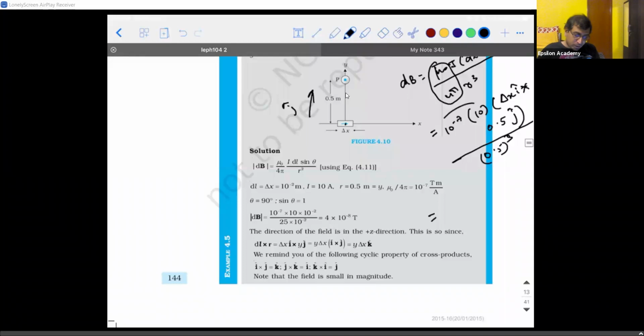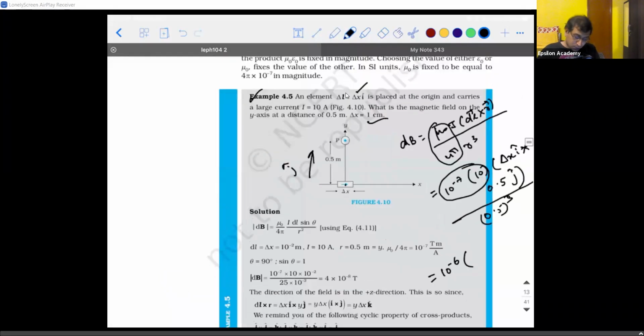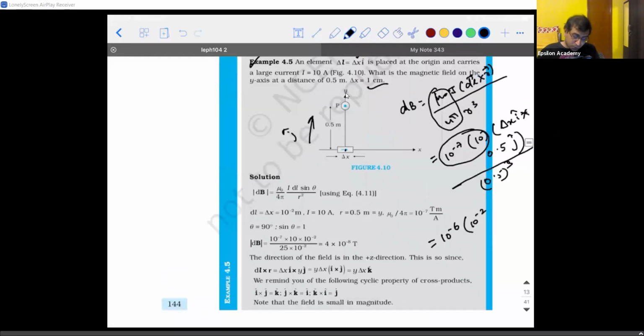Okay. So 10 into 10 power minus 7 will be 10 power minus 6. Delta X is how much? 1 centimeter. So that is 10 power minus 2 meter into 0.5, which can be written as half, multiplied with I cap cross j cap, the whole divided by 0.5 the whole cube, which is 1 by 2 the whole cube.